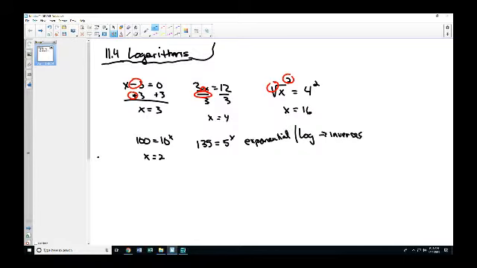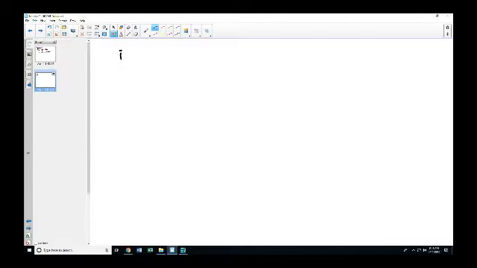So given this, let's look at their relationship, and then we will kind of flesh out how we use them. And I'll give you a couple examples and then we'll go. So if I have something like that, this is an exponential, we have a base, correct? Okay.